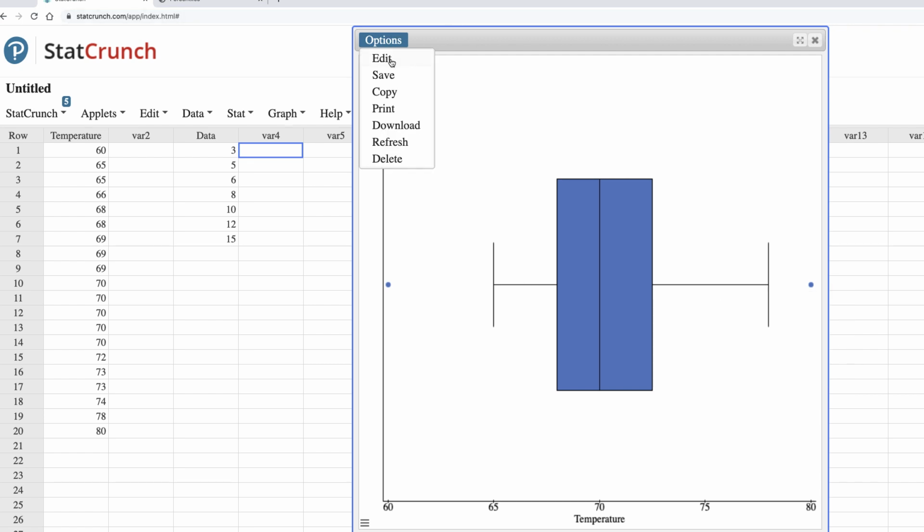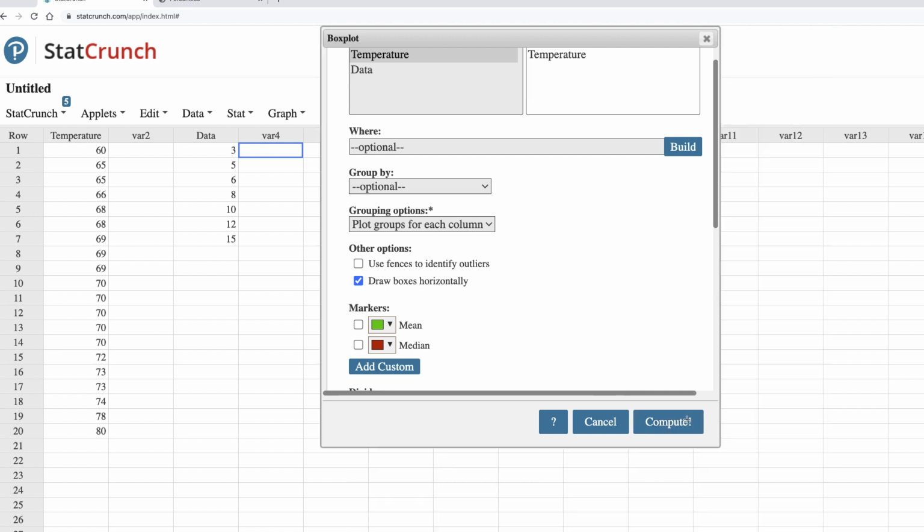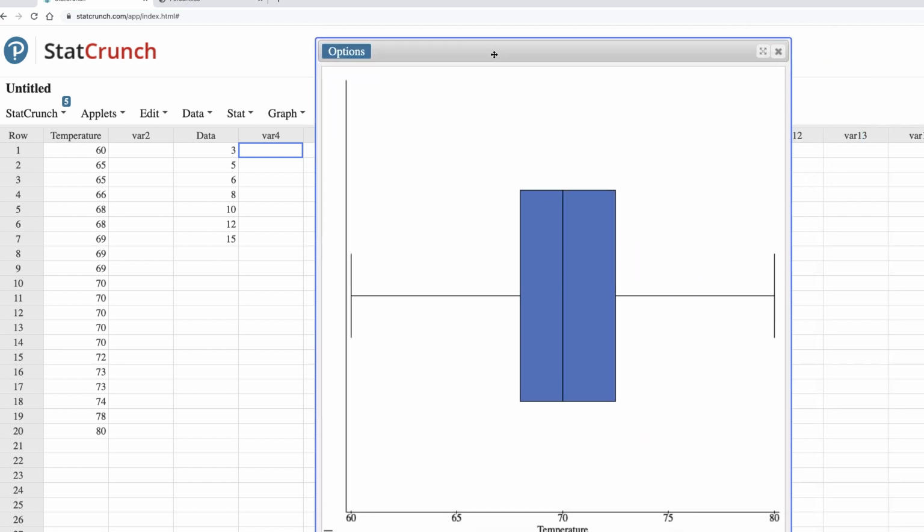Now if I go in here and also remove the identifiers, compute, now you'll notice it just goes from the minimum of 60 to the maximum of 80. And you'll notice that the median is just slightly to the left, right? 68 here, they have the quartile 1, median of 70, quartile 3 is 72.5, so it's a little left.